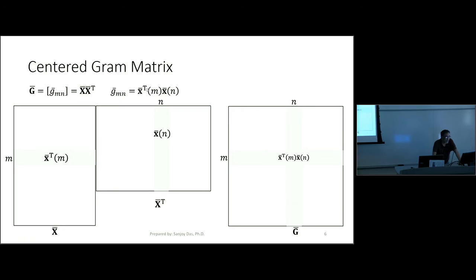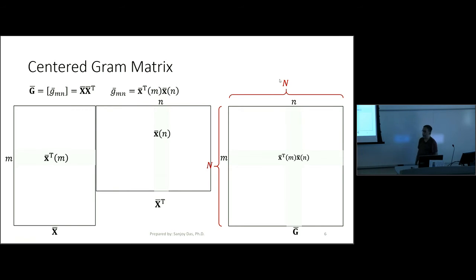Okay, so I write it down here. G bar mn is this expression, and so I get G bar is equal to X bar transpose X bar. This is the centered Gram matrix. And what's the dimension of this G? It's an N by N matrix. What is uppercase N?